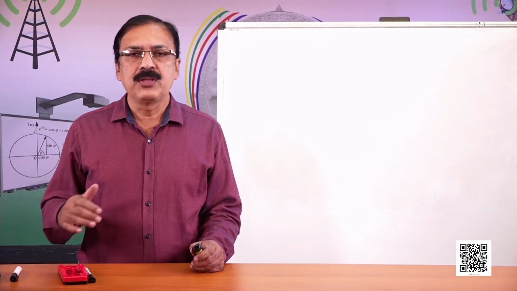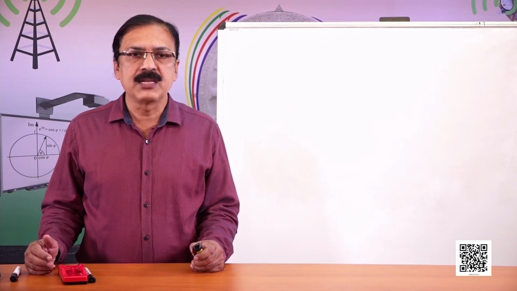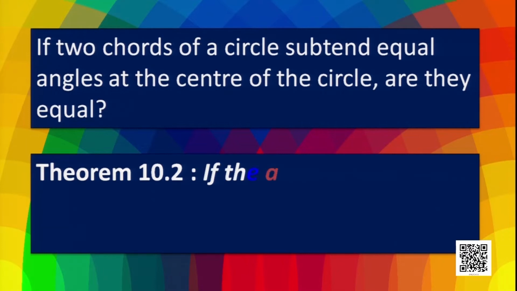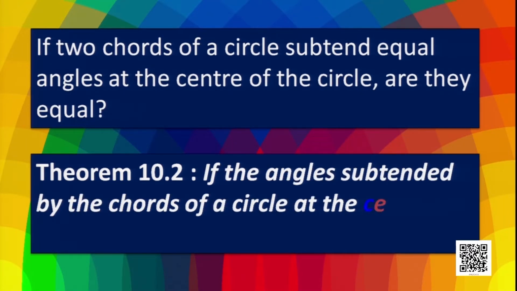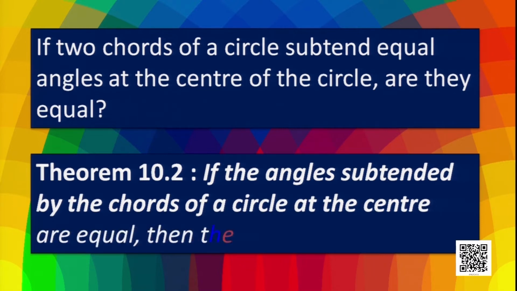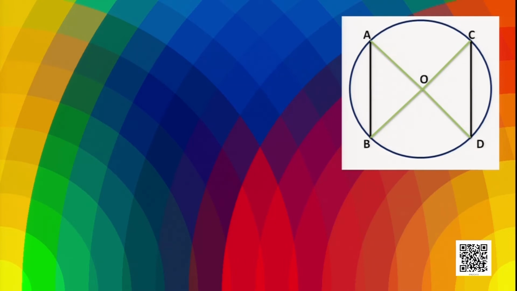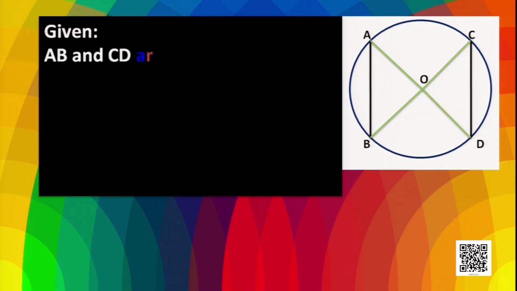Now, the converse of the last theorem states like this: if the angles subtended by the chords of a circle at the center are equal, then the chords are also equal. Now, what is given in the figure? Here we have two chords AB and CD, and they subtend angle AOB and COD at the center.